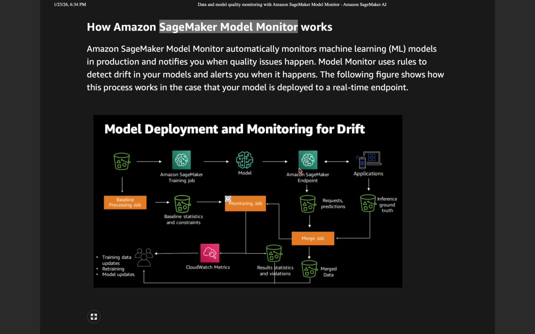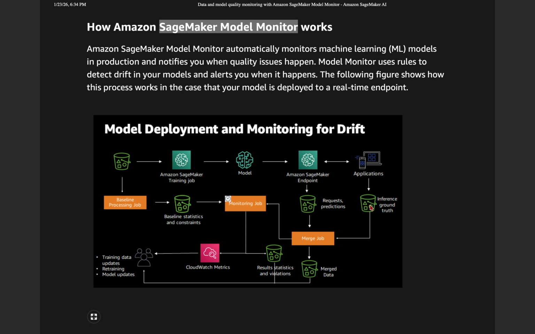Then it goes to a SageMaker endpoint, where we have deployed our model, and it predicts based on the request made. That request and the prediction it gave as a result are saved to S3.